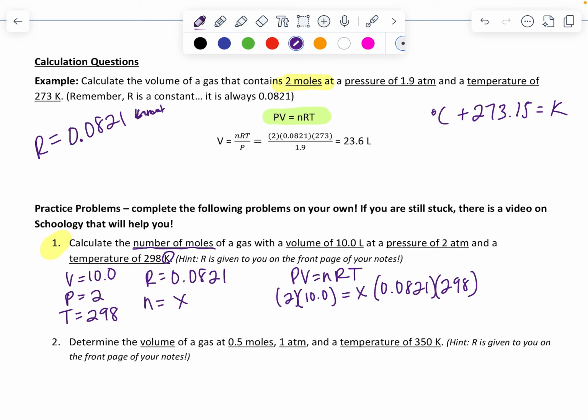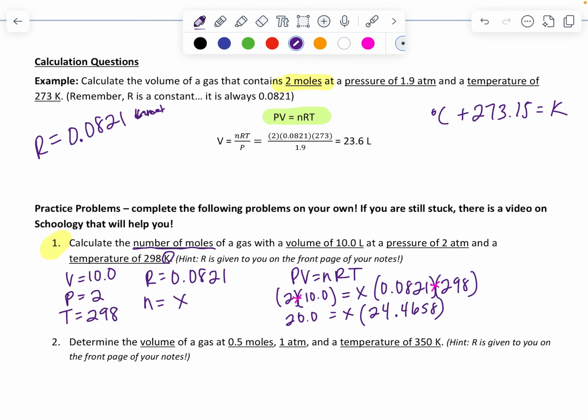The first thing I'm going to do is multiply all my numbers that are next to each other. So this becomes 20 equals X times 0.0821 times 298, which on my calculator gives me 24.4658. If you're rounding, that's fine. If you ask me what to round to, I'm just going to tell you to use significant figures. If you just want to write out some decimals, that's fine too.